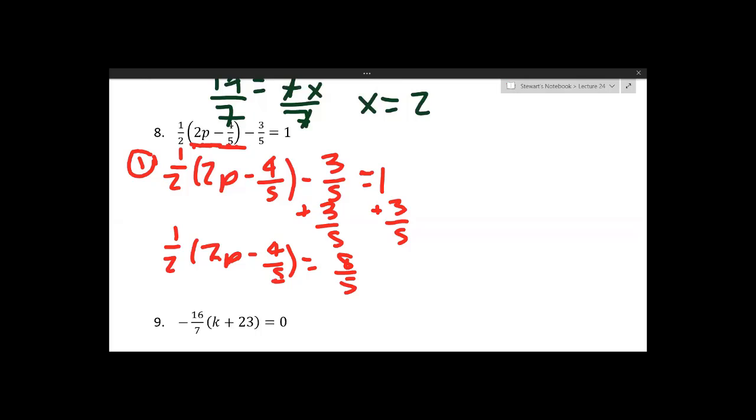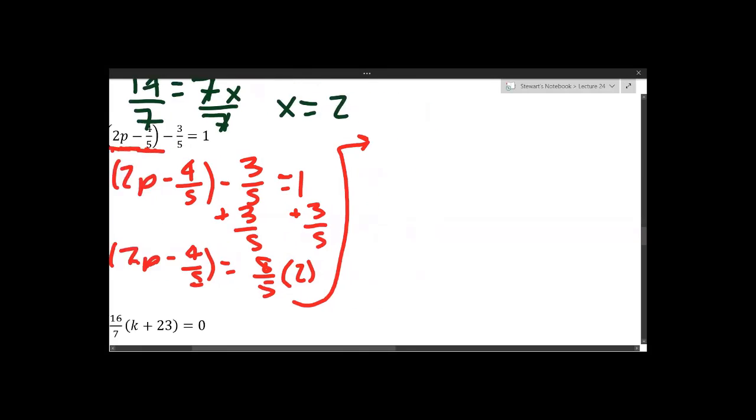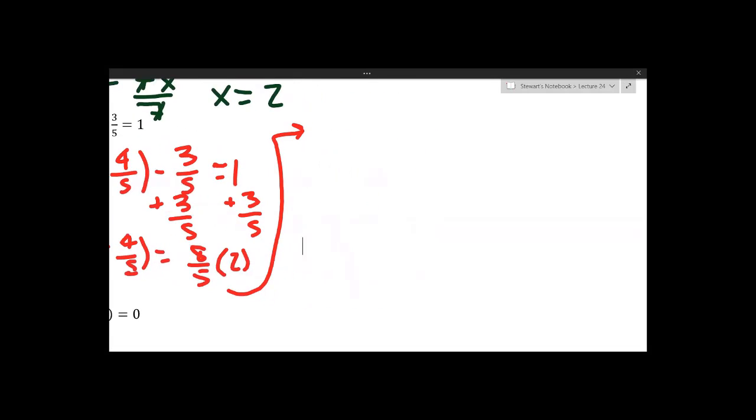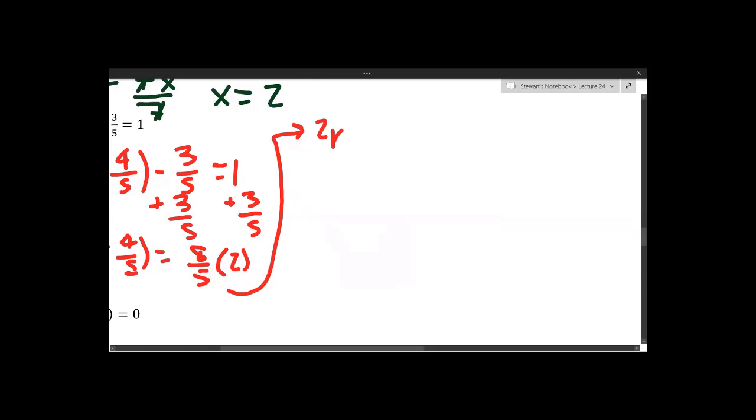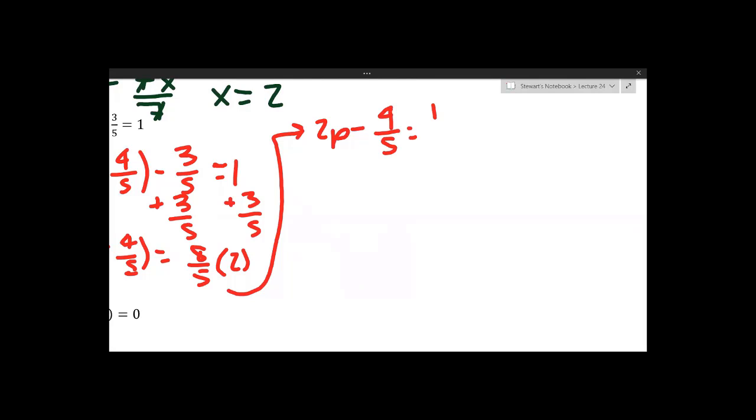And then in order to clear this 1/2, we can multiply by 2 on both sides. So that we're left with 2p minus 4/5 is equal to 16/5.